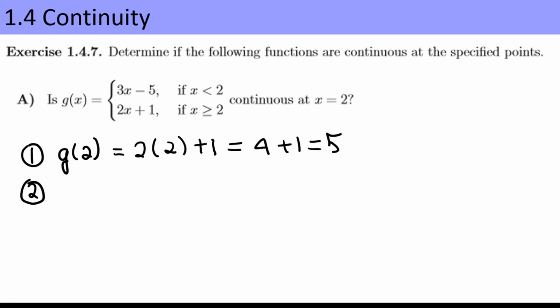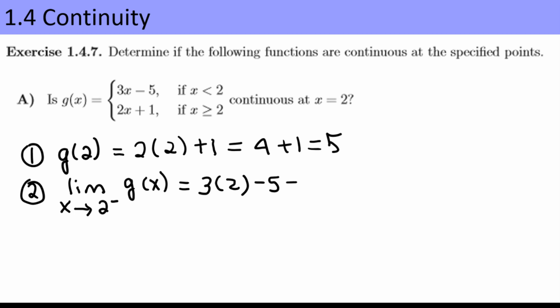Now, to determine whether or not a limit exists, we must determine both the left-hand and right-hand limit. So let's compute the limit as x approaches 2 from the left first, of g of x. From the left means numbers less than 2, so we'll use the first piece. 3 times 2 minus 5. That'll be 6 minus 5, and the left-hand limit is 1.